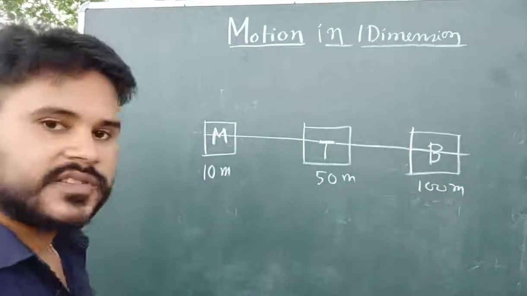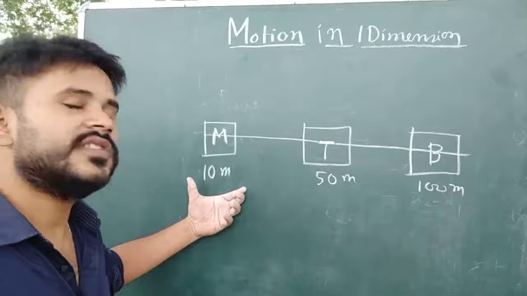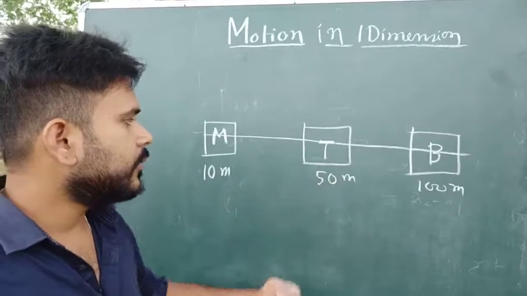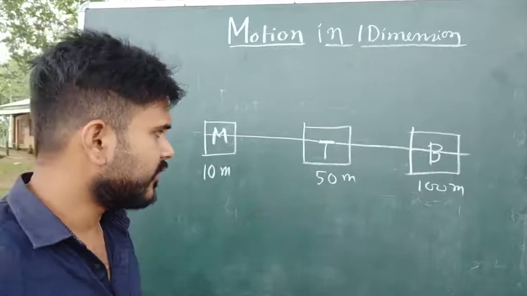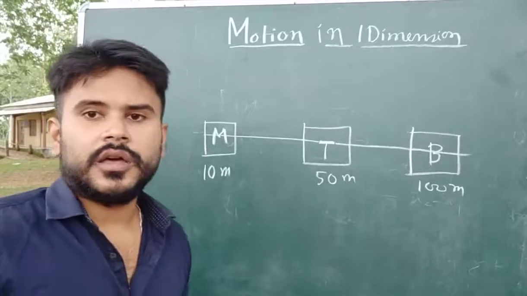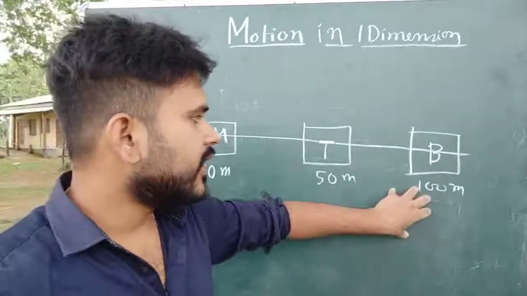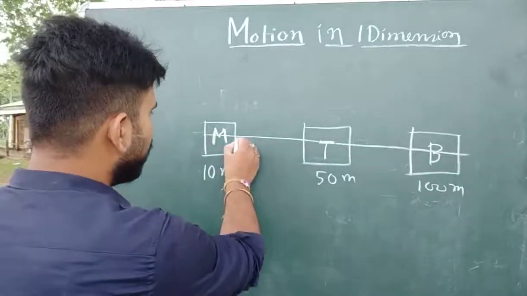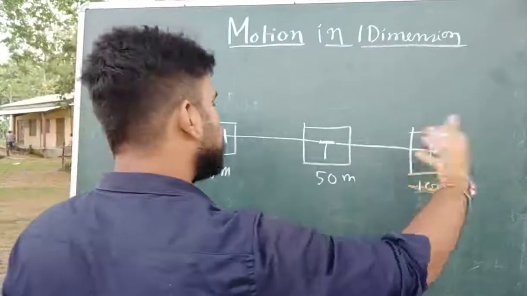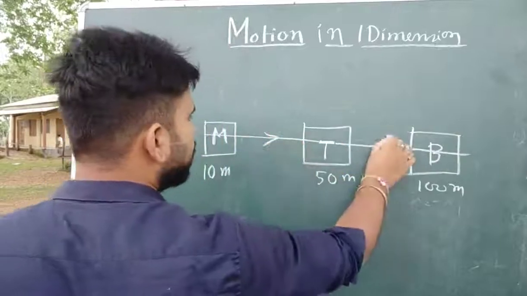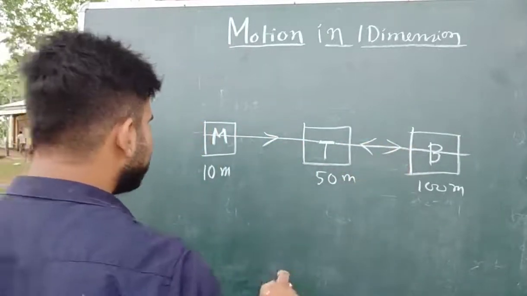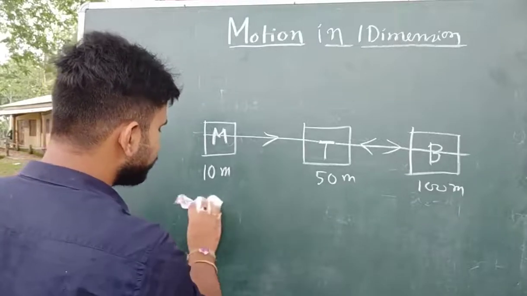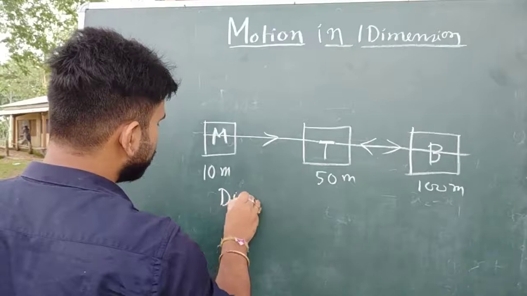Suppose M represents the location of my house, which is at position 10 meter, and T represents the house of my friend Torun, which is at location 50 meter, and this is Borun's house at a position of 100 meter. Suppose I move from my house to Torun's house, then to Borun's house, and return back to Torun's house. In this case, what is the displacement? What is the distance?